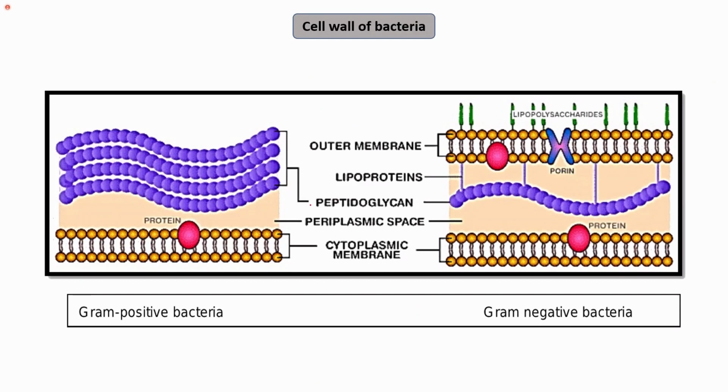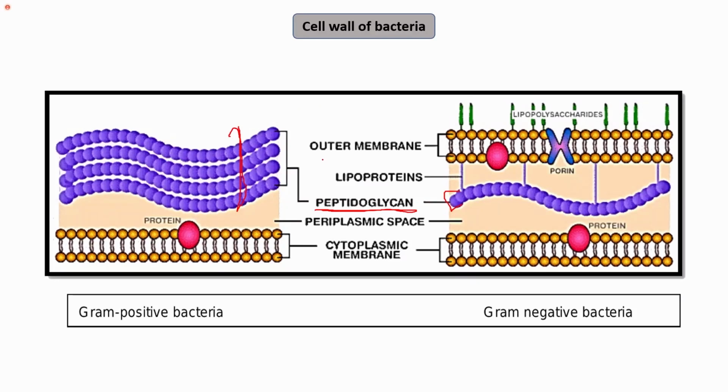So this is the peptidoglycan layer, which is present in both gram-positive and gram-negative bacteria. We can see that the depth of the peptidoglycan layer is more in the case of gram-positive bacteria, while in gram-negative bacteria, this peptidoglycan layer is very thin. So we have a thick peptidoglycan layer in gram-positive bacteria, while we have a thin peptidoglycan layer in the gram-negative bacteria.